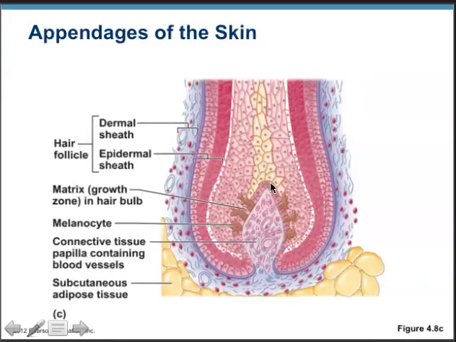You can see here the growth zone of the hair in the hair bulb, and the melanocytes, which provide the color for the hair, and these are the blood vessels that nourish the hair follicle, keep it alive, and of course, superficial to all that is adipose tissue primarily.